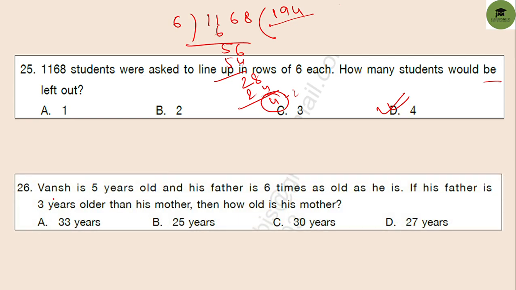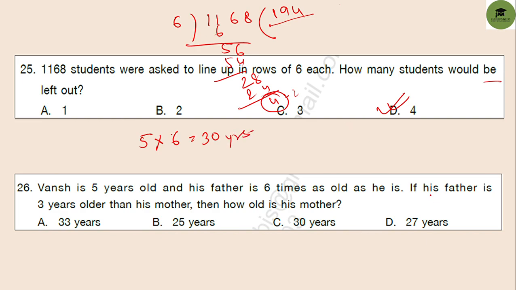Next one. Ronit is 5 years old and his father is 6 times as old as he is. If his father is 3 years older than his mother, then how old is his mother? So his father is 5 into 6, that is 30 years.